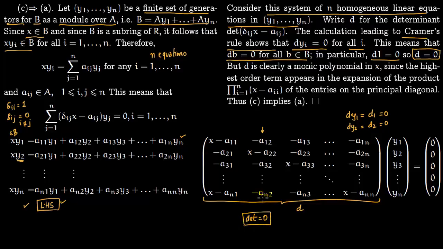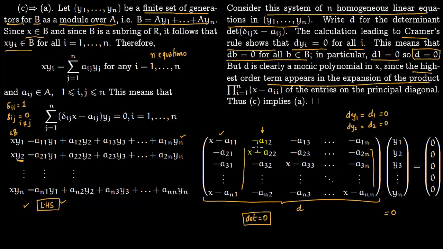So what does determinant 0 mean? The determinant, when you expand it, will become a polynomial, and this polynomial will be a monic polynomial, because the highest order term appears in the expansion of the product of the entries on the principal diagonal. You can expand it anyway, but we can expand it by the first row. If we expand it by the first row, you take this and multiply with the determinant of this.